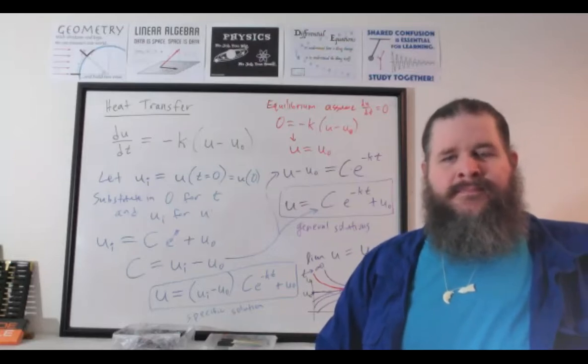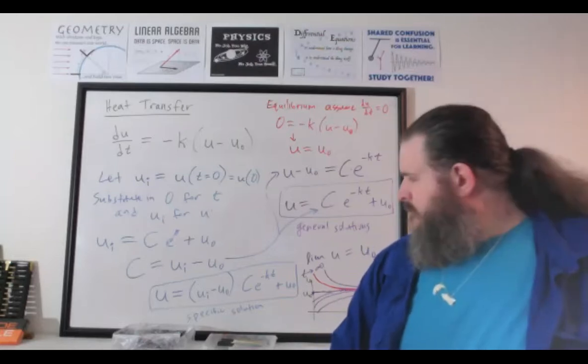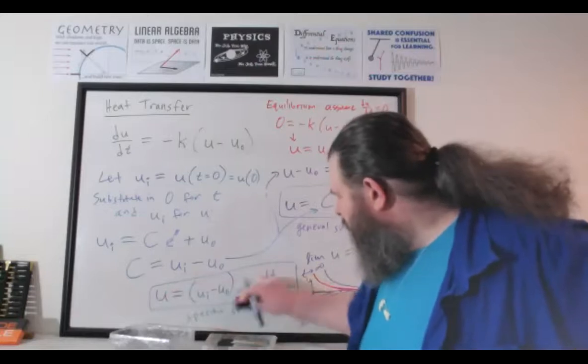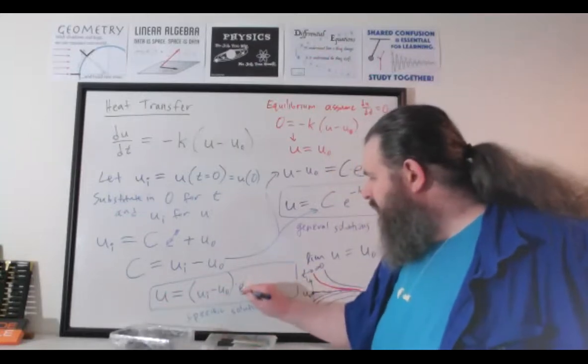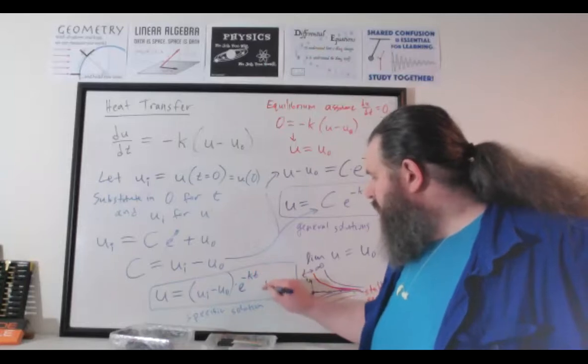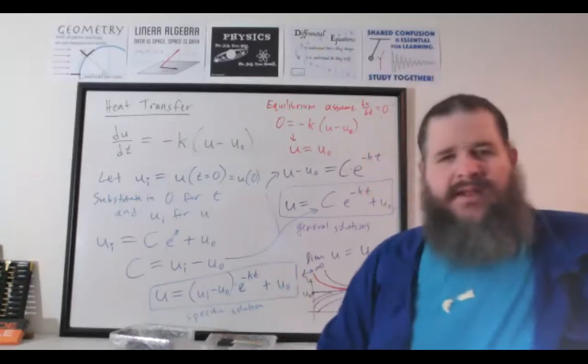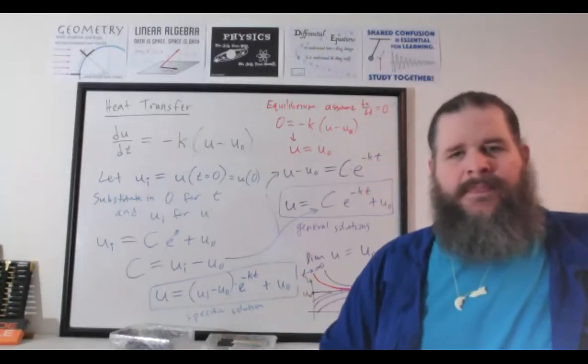All right, and then okay. There's no C there though, correct? Or yeah, that is the C value. Sorry about that. So this is the C value times e to the negative KT. Okay. Plus the asymptote, the surroundings temperature.